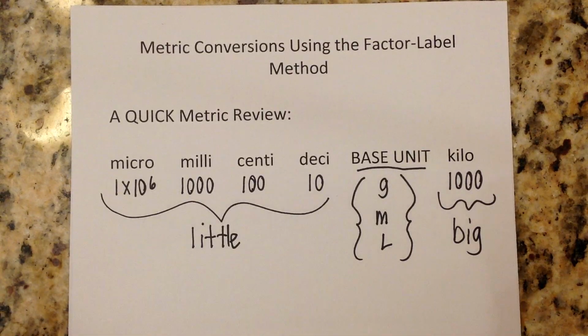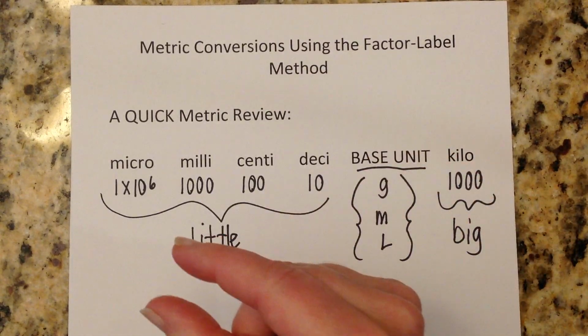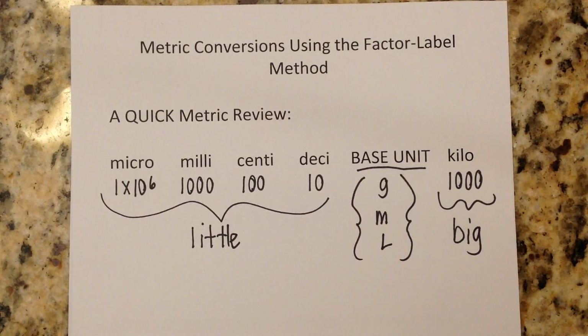If you took that meter stick and divided it into 100 parts, each of those little parts, and you guys know what that looks like, would be about a centimeter. If you take that meter stick and you divide it into 10 pieces, each of the pieces is 1 decimeter.